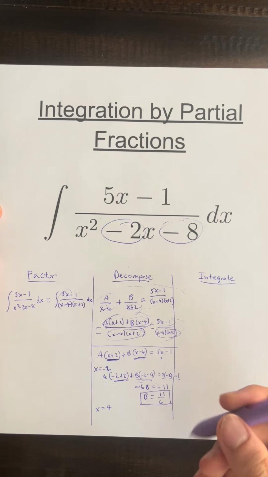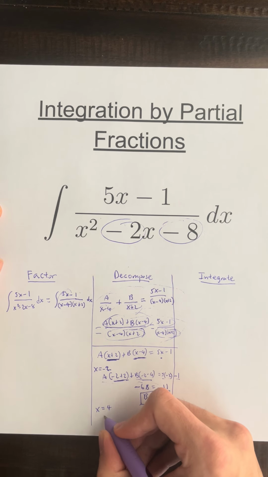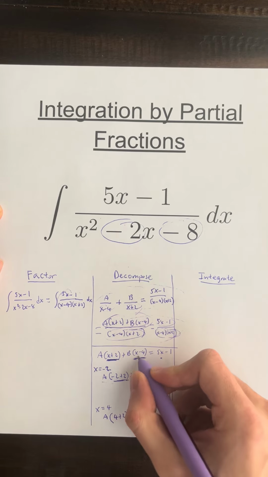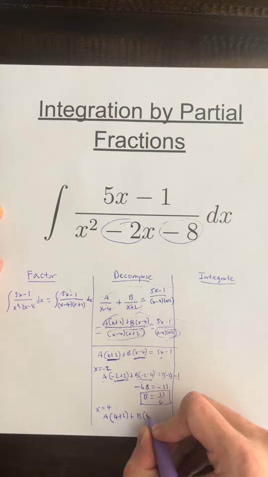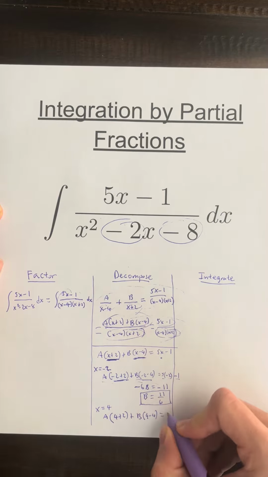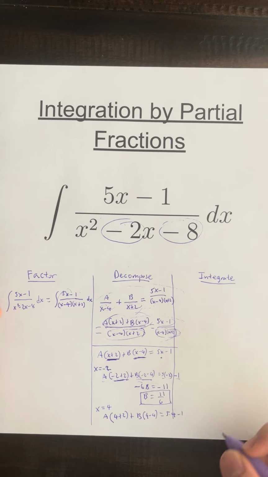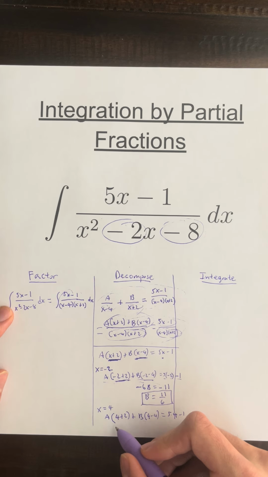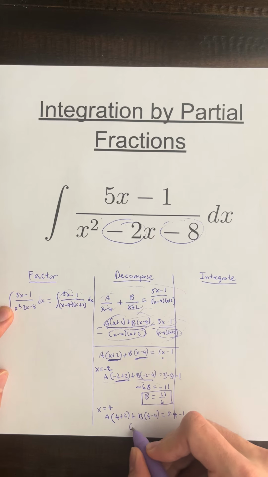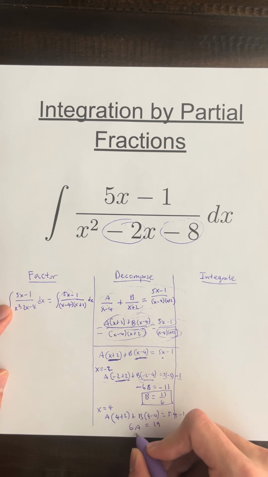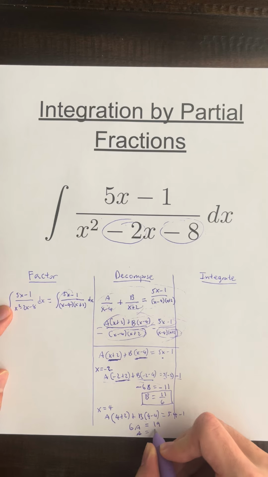Okay, what did you get? So we're plugging in 4. 5 times 4 minus 1. This turns into 0, so we're left with 6 times A. 6A is equal to 19. So A is equal to 19 over 6.